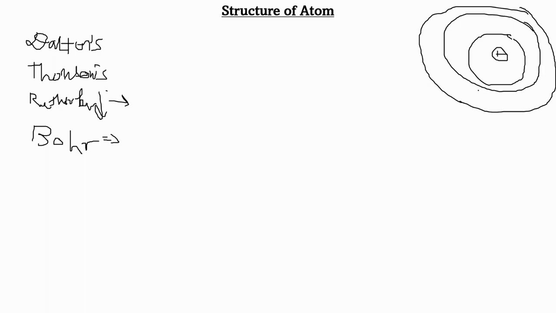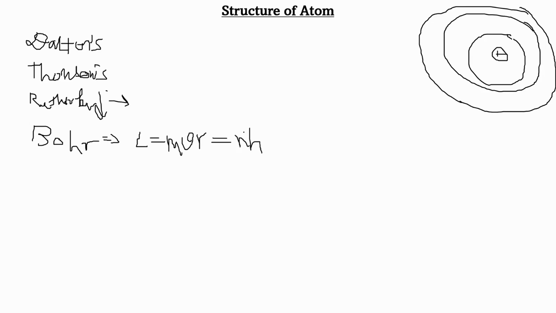An electron can revolve only in that orbit or stationary state in which the angular momentum of the electron, L equals mvr, is equal to an integral multiple of h cross, that is n h cross.